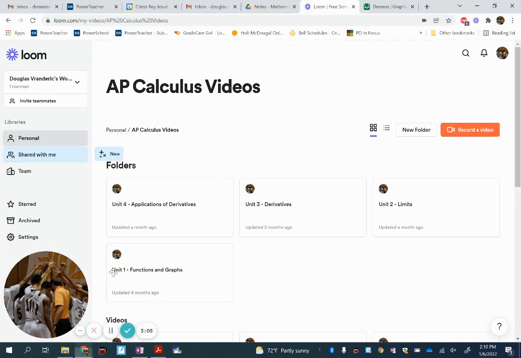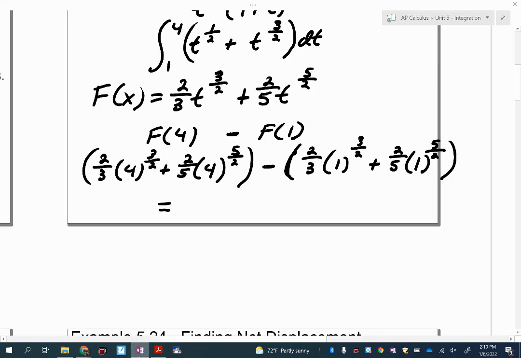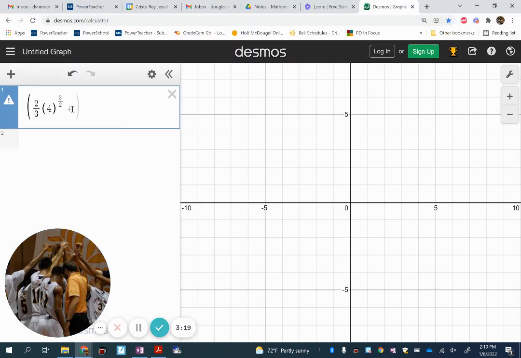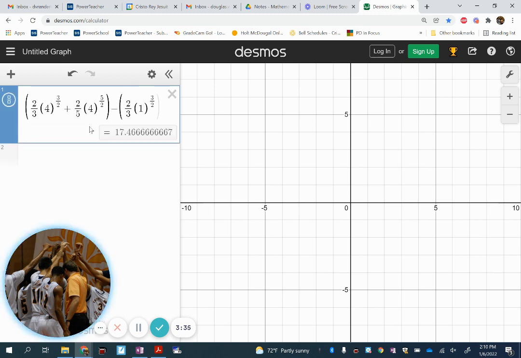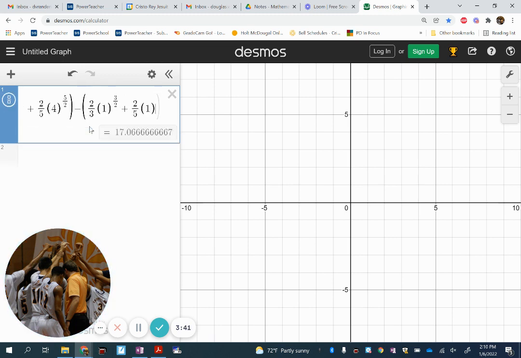All right, so I have Desmos here. I have 2/3 times 4 to the 3/2 power plus 2/5 times 4 to the 5/2 power, and then minus the same thing here, 2/3 times 1 to the 3/2 power plus 2/5 times 1 to the 5/2 power.